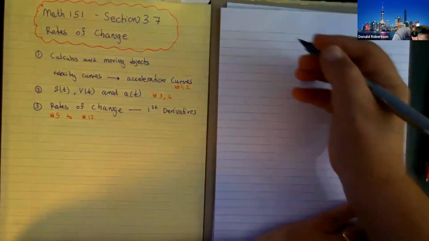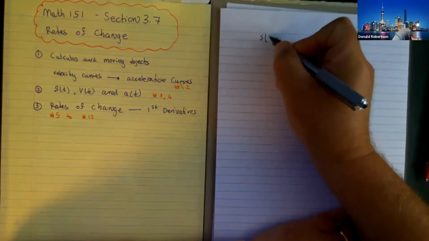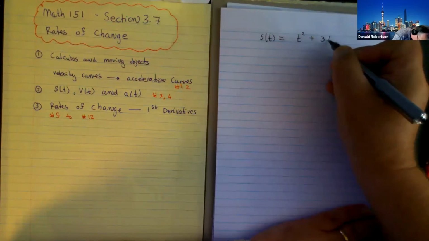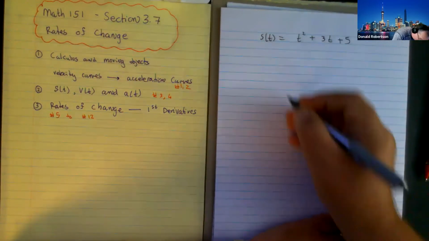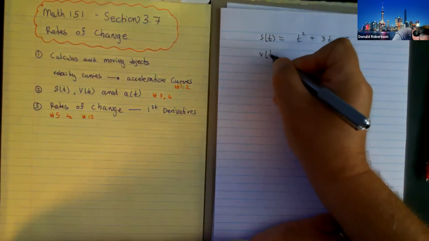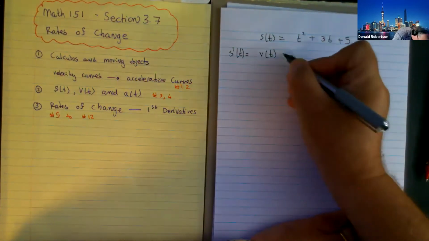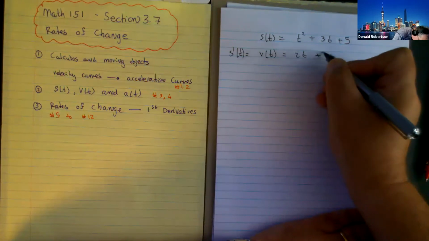So let's do one that we know. If I tell you the position of something is that, then if you find its rate of change, if you find its derivative, in other words, in this case, don't you get a guy called the velocity?